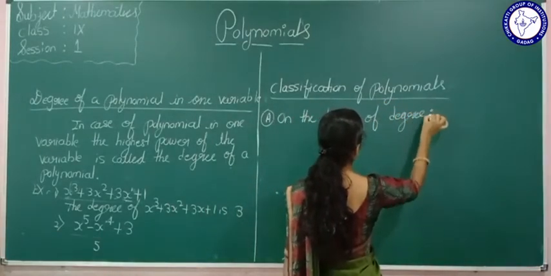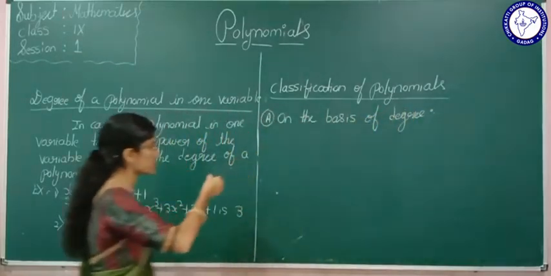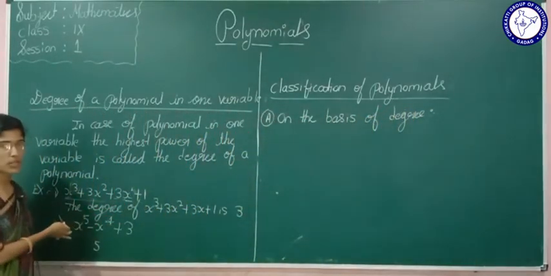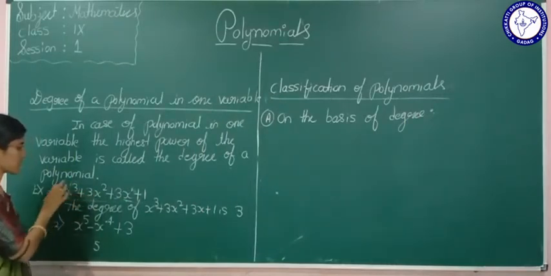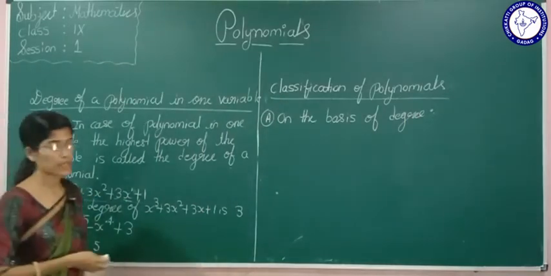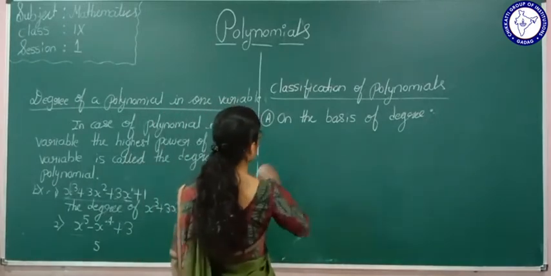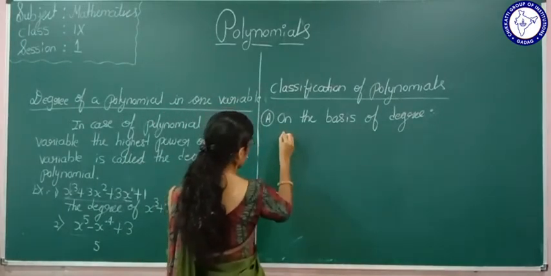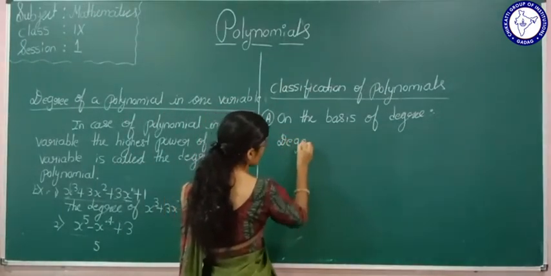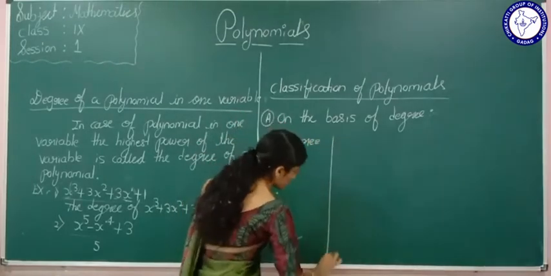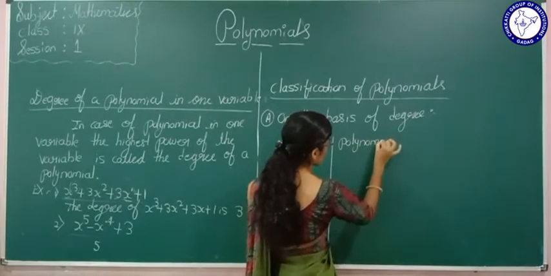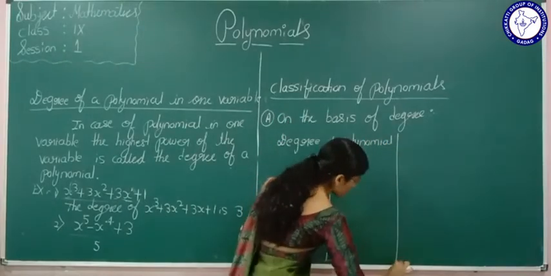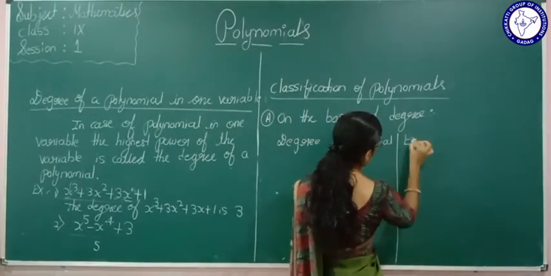Now see students, on the basis of degree, just now I told what is the degree of a polynomial. The highest power of the variable is nothing but the degree of the polynomial, right. Now see here, degree, polynomial, example.